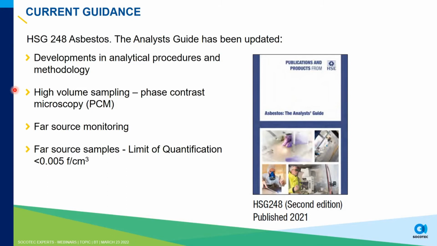So we have a current technique that counts all fibres, but the new guide does bring in fibre discrimination using other techniques. But one step forward in terms of PCM monitoring is the introduction of what we call high volume sampling. The guide brought in a new sample type called far source sampling, whereby we are monitoring away from a source of asbestos. Typically the easiest example will be a contaminated land site or a demolition site.